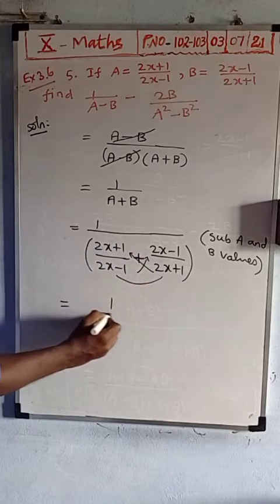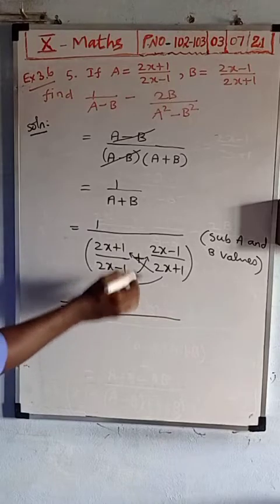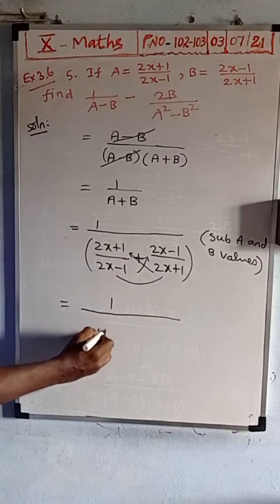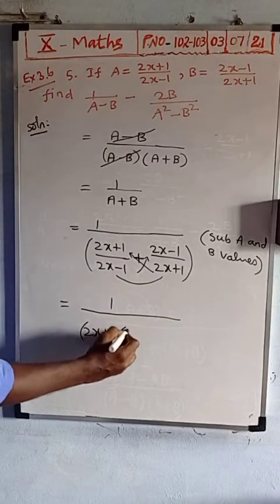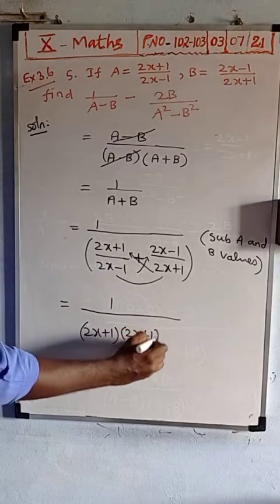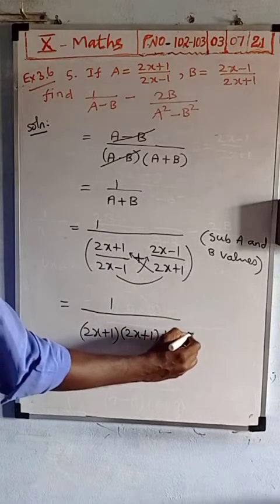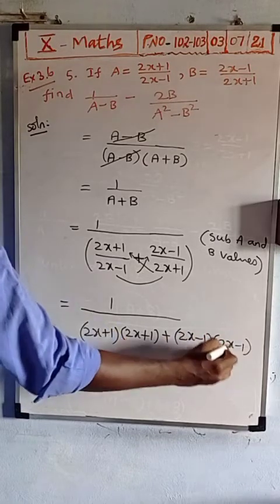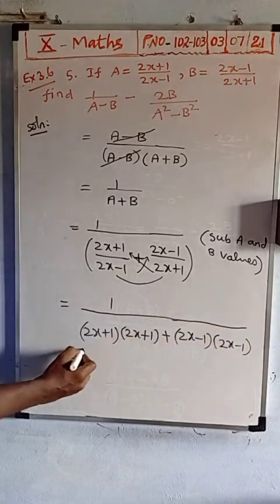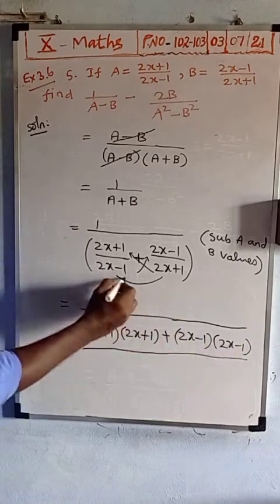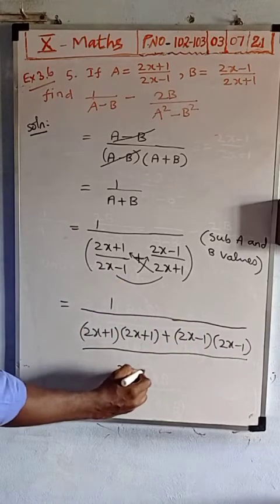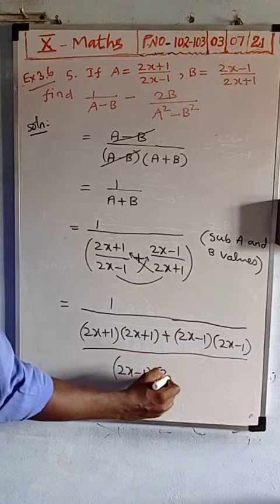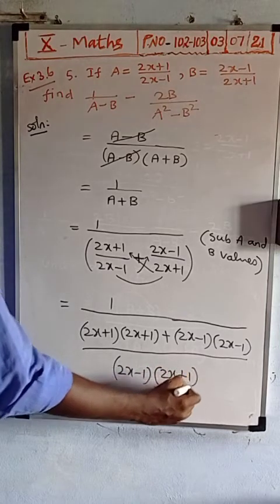So 1 divided by, okay, cross multiplication: 2x plus 1 into 2x plus 1, plus 2x minus 1 into 2x minus 1, whole divided by the denominator 2x minus 1 into 2x plus 1.